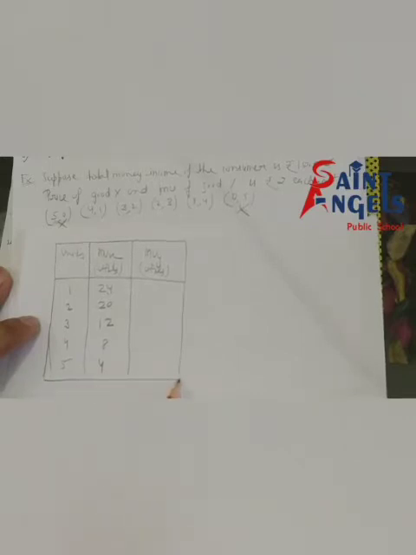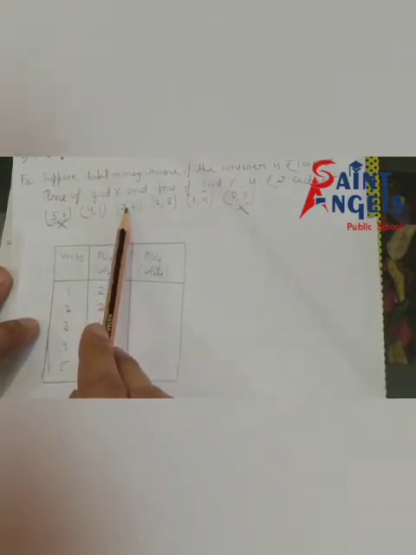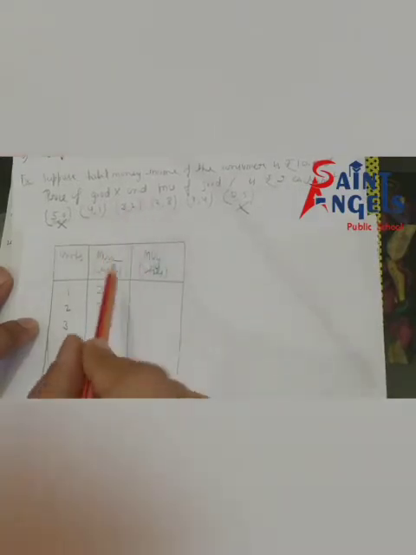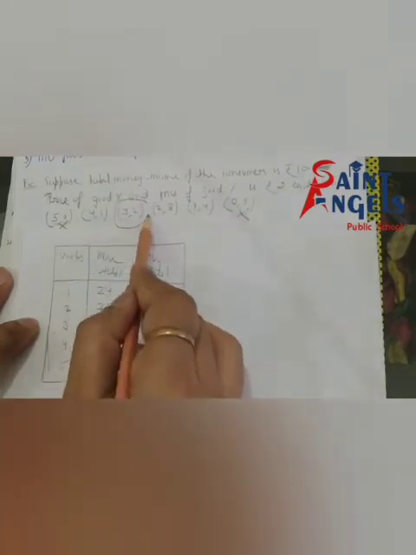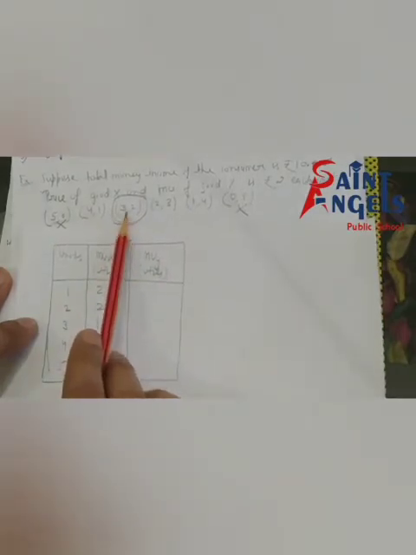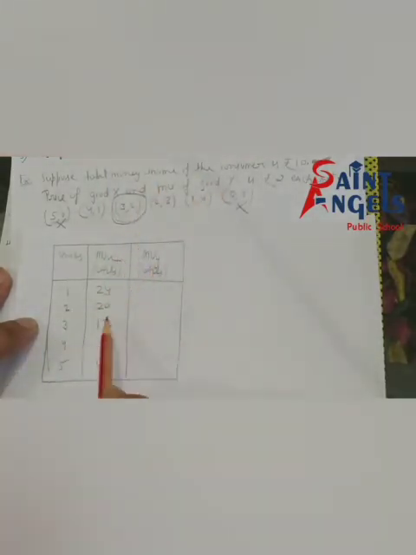Now all of you know that I am showing consumer equilibrium by using the combination of 3 units of good X and 2 units of good Y. The marginal utility of the third unit of good X is 12 utils.